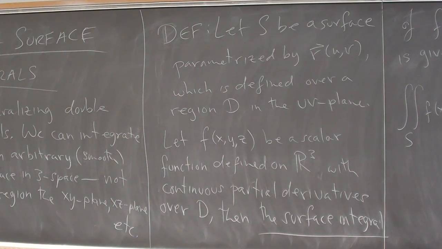So small s is arc length, big S is surface. Yes. All right. So that's the definition. Right?